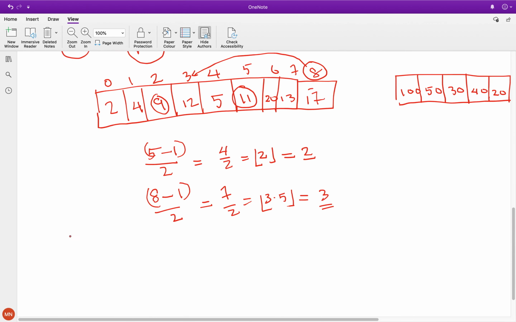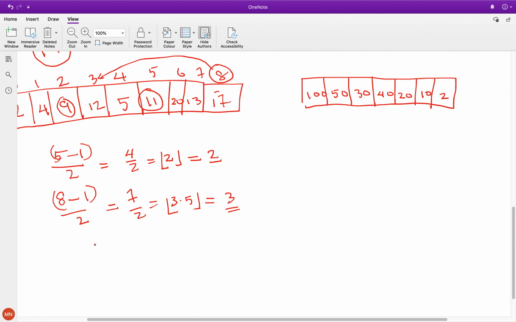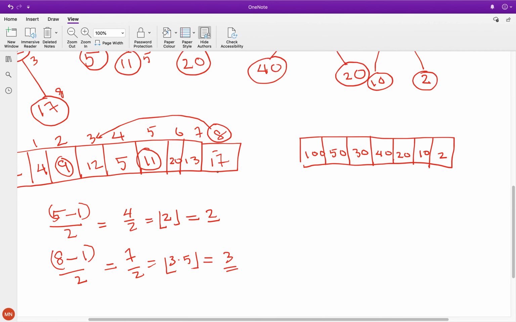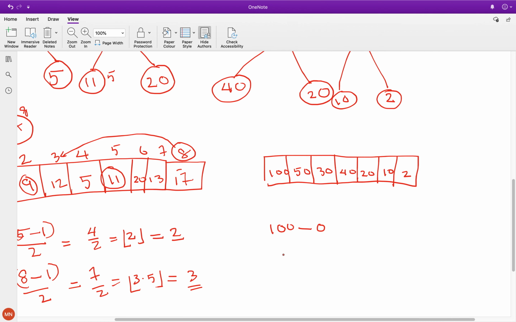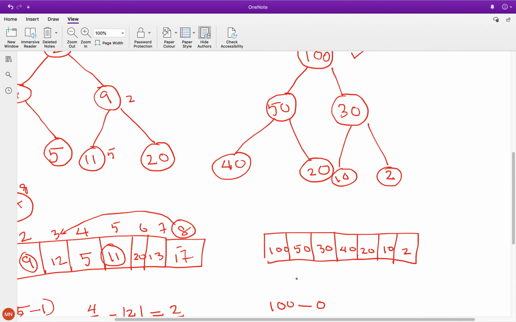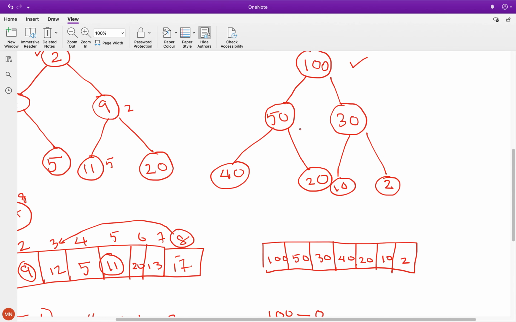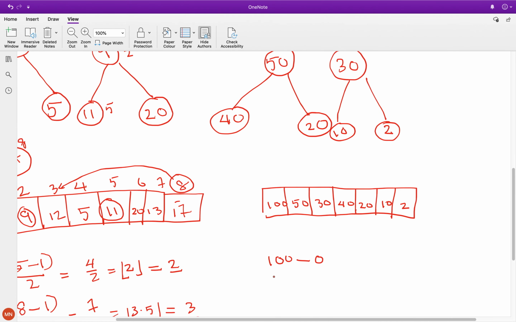Let's look at that in this particular example, using this heap. Suppose that 100 is the root, which has index 0. If you want to find the left child, you have to compute 2 * i + 1. In this case i is 0, so 2 * 0 + 1 equals 1.